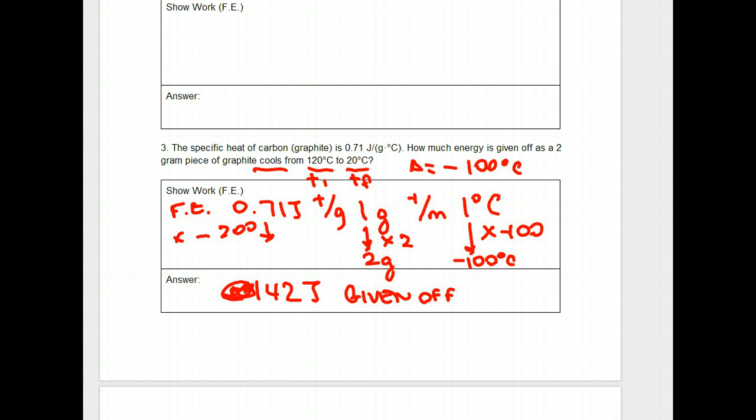So that negative is just for us to know that this is exothermic. And if you read the question, you see that it is an exothermic reaction because they're asking for how much energy is given off. So it's 142 joules that are given off, or negative 142, which would also relay the same information that it's exothermic.